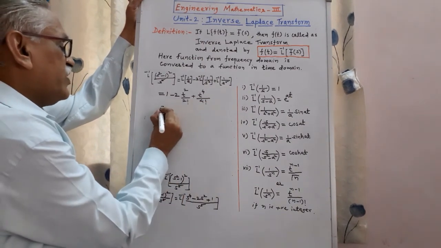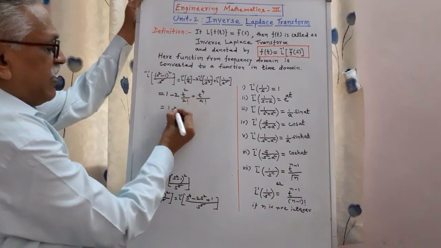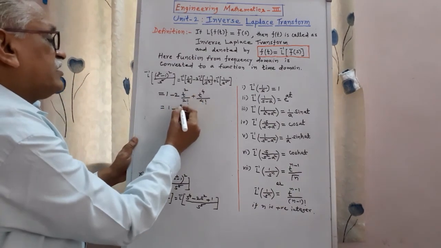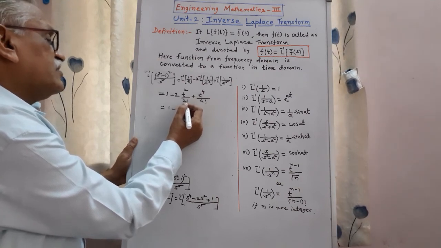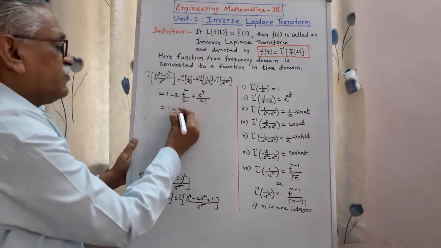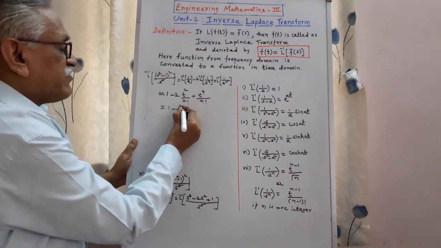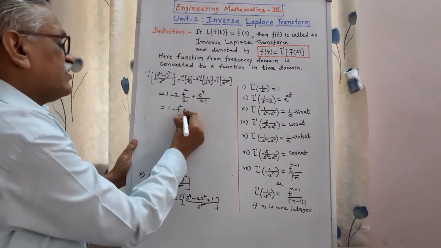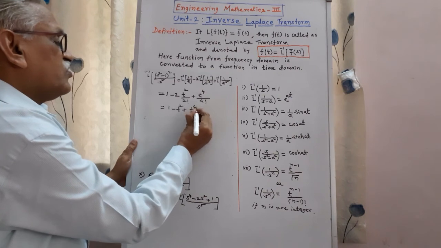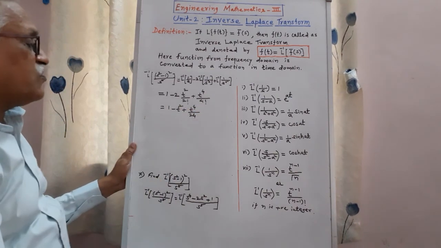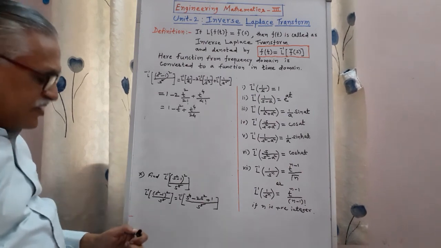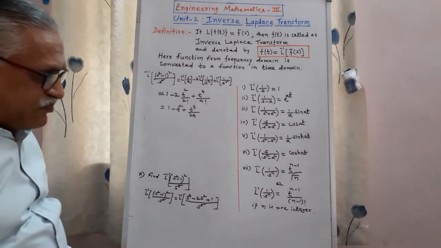Therefore we have 1 minus t square, the 2 and the 2 get cancelled, we get only t square, and here it is t raised to 4 by 24. Therefore, this is the required inverse Laplace transform.